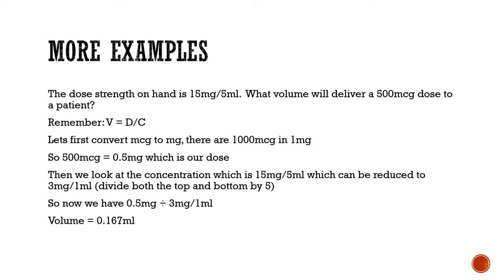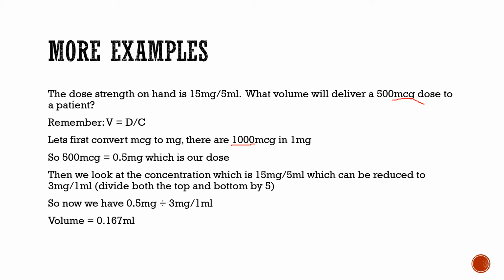So one of the first things that we need to do is get rid of these micrograms, because we're used to working with milligrams. So the first thing we need to do is convert our micrograms to milligrams. There's 1,000 micrograms, a smaller unit, in 1 milligram. So our 500 microgram dose is now going to be 0.5 milligrams.